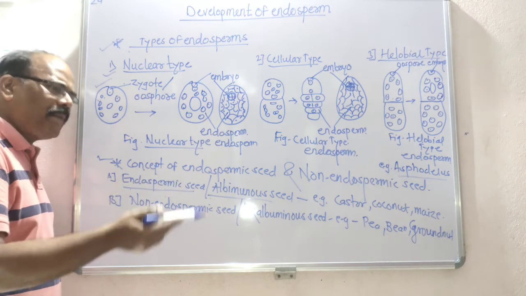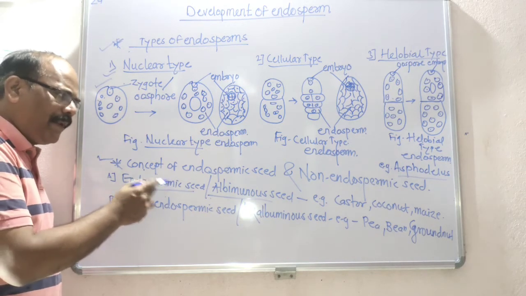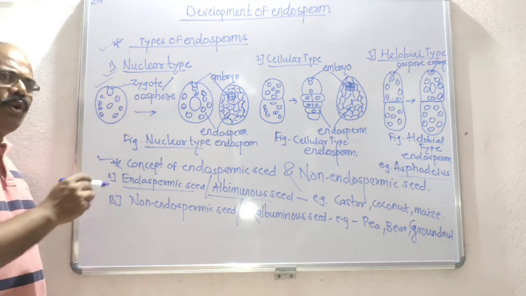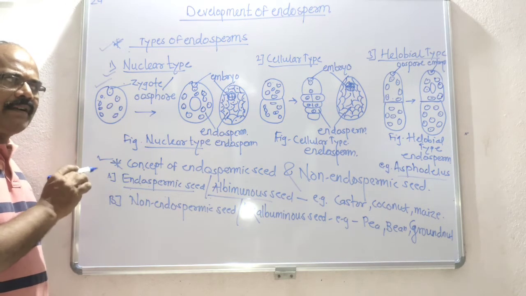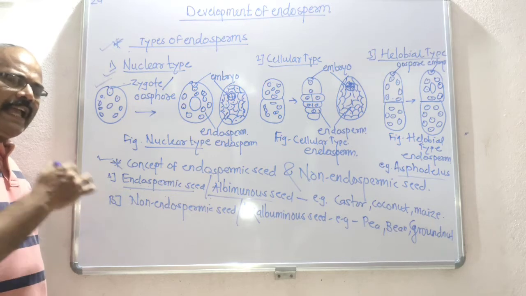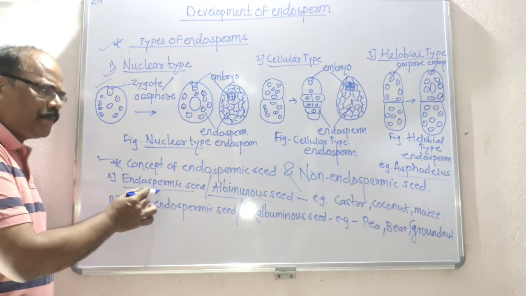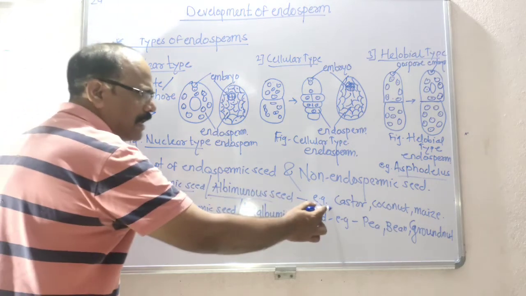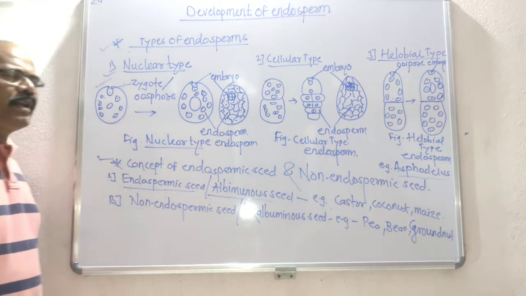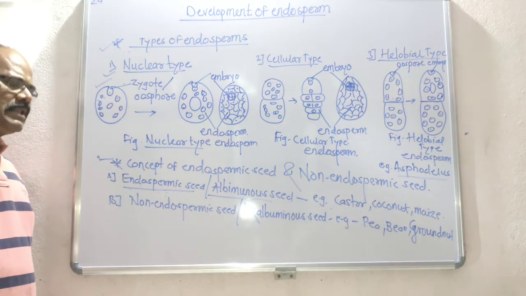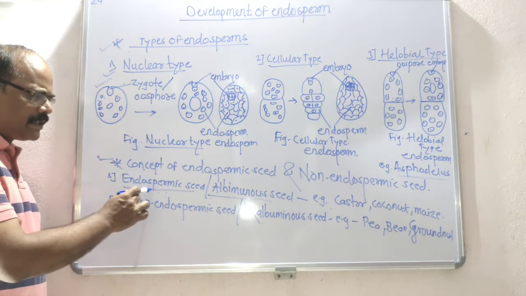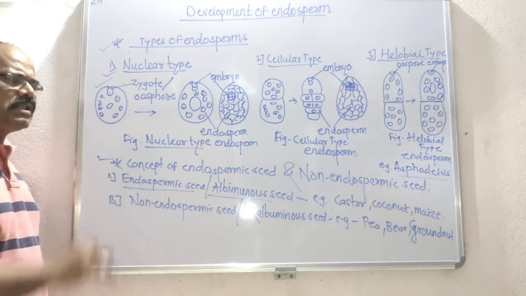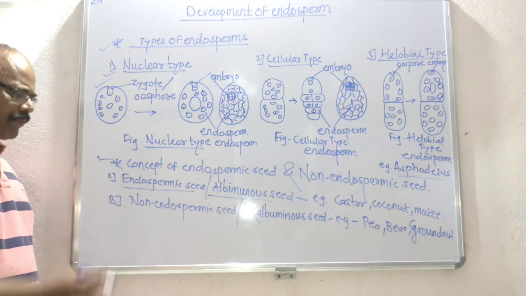In some plant seeds, the developing embryo cannot completely utilize the endosperm. Hence, in the mature seed, the endosperm is present. That is called an endospermic seed. Examples are castor, coconut, and maize. In these endospermic seeds, cotyledons act as the first photosynthetic units.